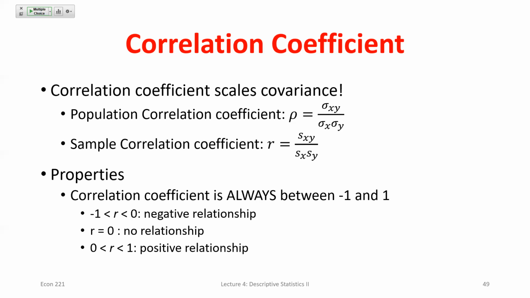Now, in practice, we're never going to see 1 or -1. We approach them in the limit, but in practice, we never actually see those. And then 0 represents no relationship. So basically, anything in the positive range is a positive relationship, and anything in the negative range is negative. We can start to compare things, right?